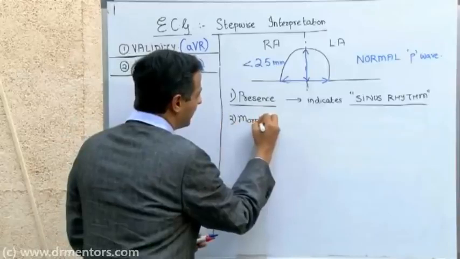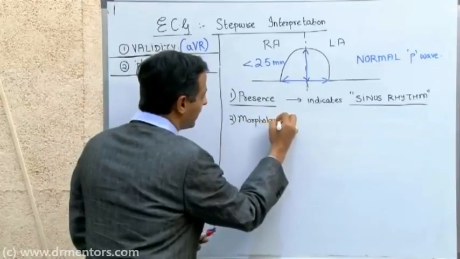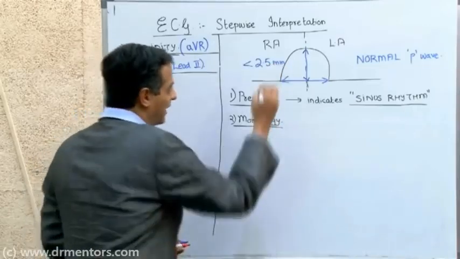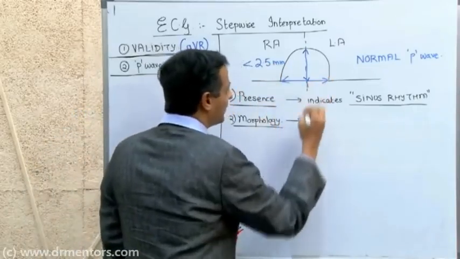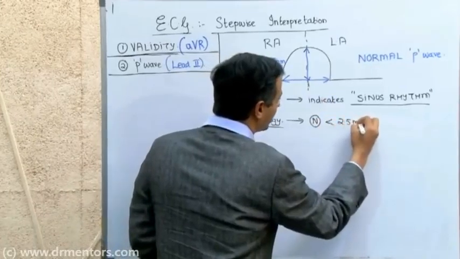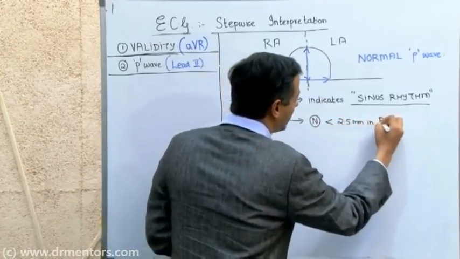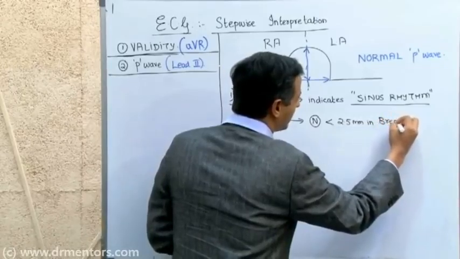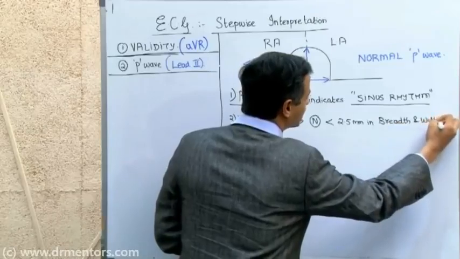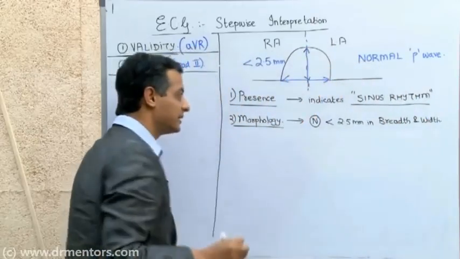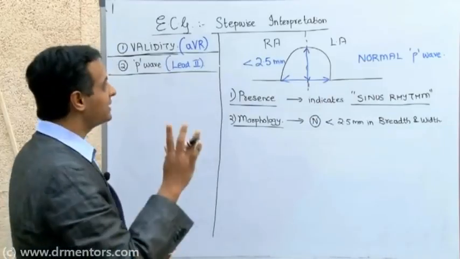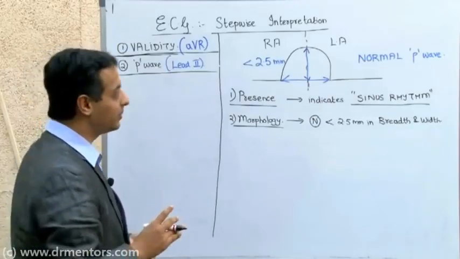Normal morphology, as we have written, is less than 2.5 millimeter in both breadth and width. So height and breadth should be less than 2.5 millimeter. If it is there, we can say it is normal.